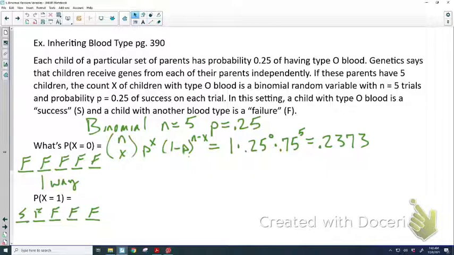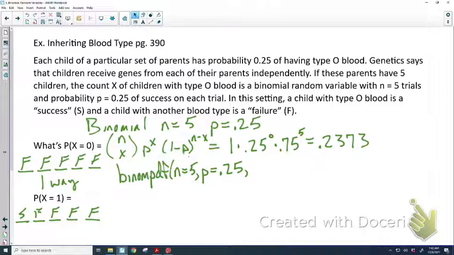If we get a more complicated one, like x equals 1 or x equals 2, there's a function on your calculator called binomial PDF. It's going to ask you for trials. We already know that's 5. It's going to ask you for success. We know that's 0.25.